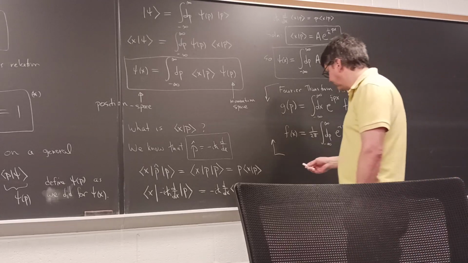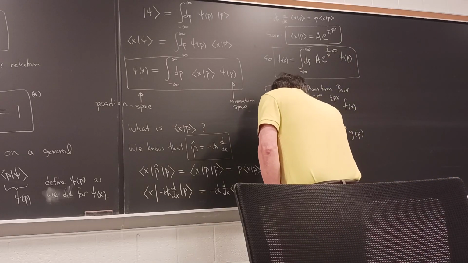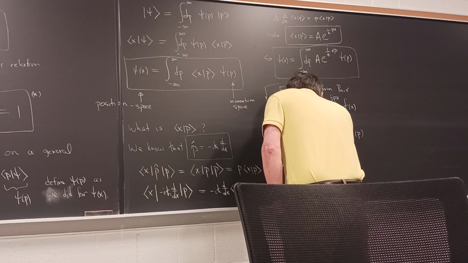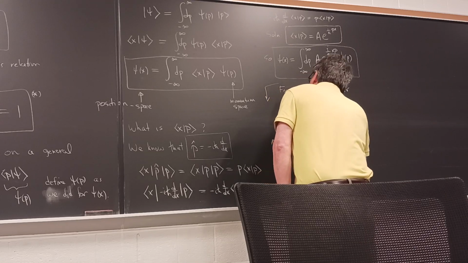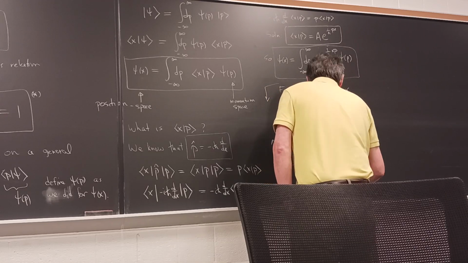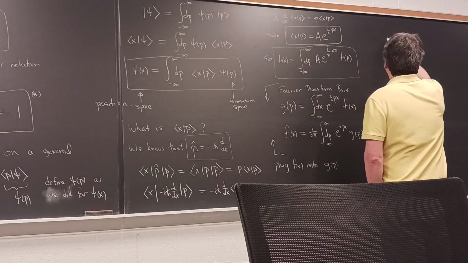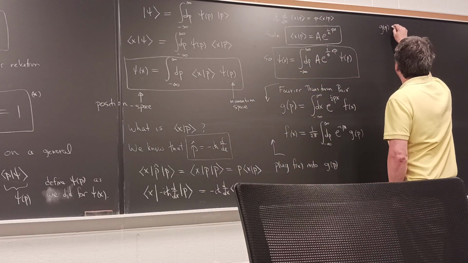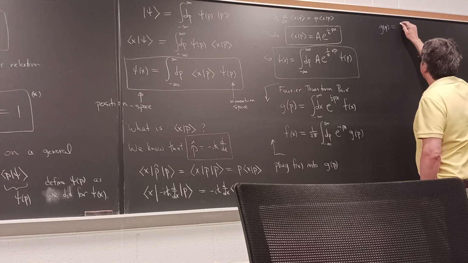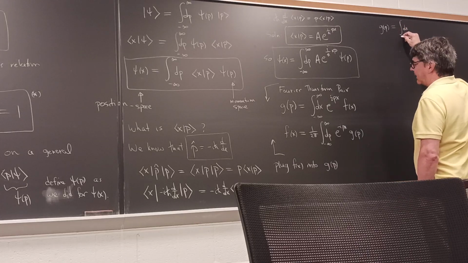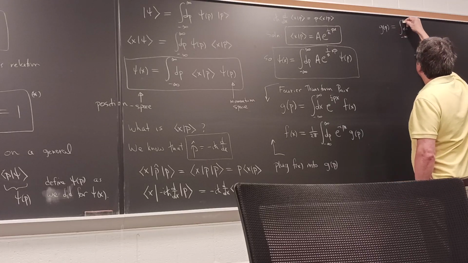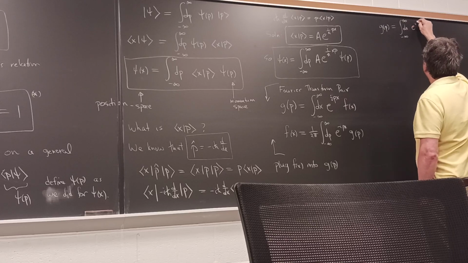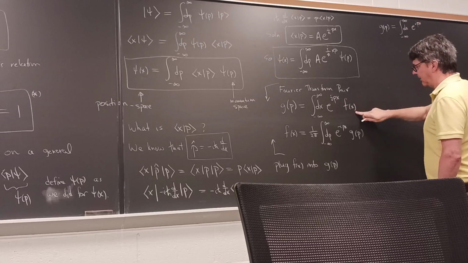So let's plug f of x into g of p. Then I'll have g of p is equal to the integral over dx e to the i p x and f of x.